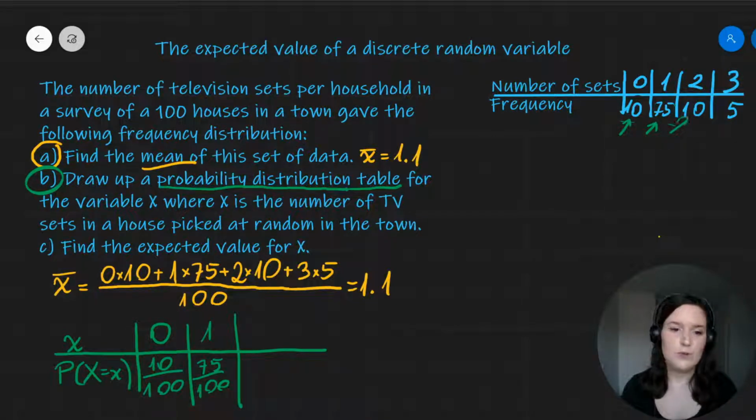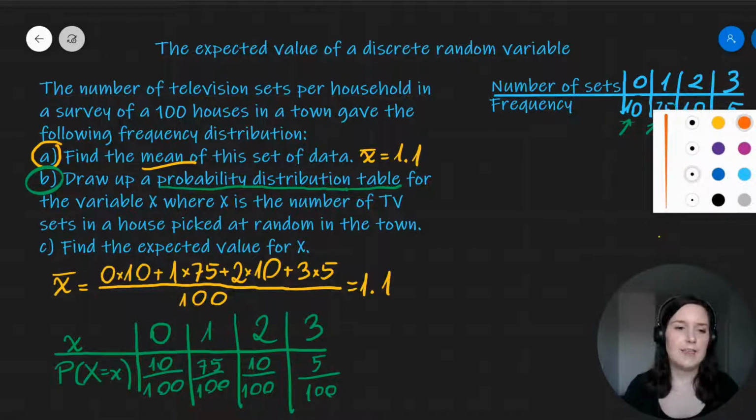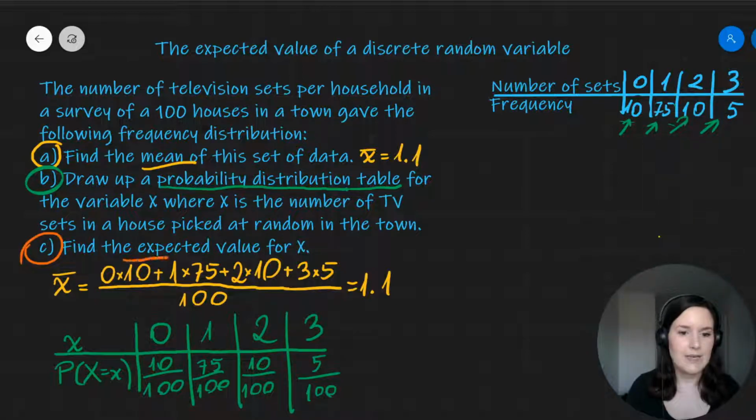Then for 2, it was 10 out of 100, and for 3, 5 out of 100. So that's the probability distribution. So now we're not dealing with frequencies, we're dealing with probabilities. And based on the probability distribution, we can find the expected value.